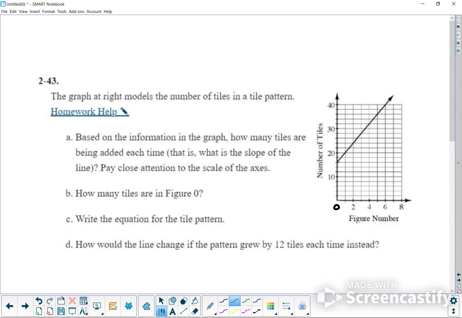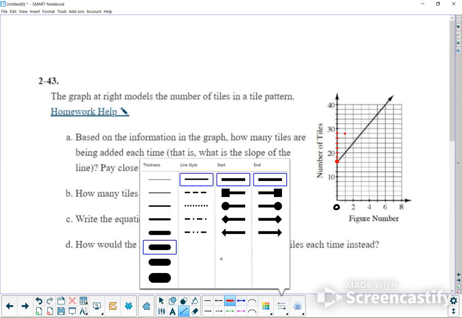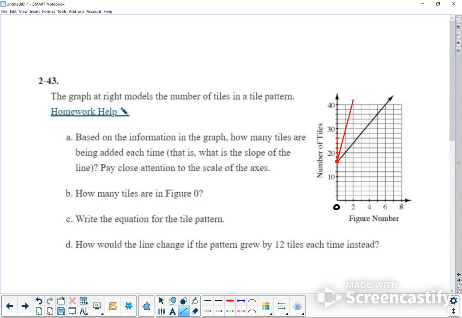Well, it would still start here, but 12 would be 2, 4, 6, 8, 10, 12, and then over 1. So your line will end up looking like this. And that right there would be a much steeper line.